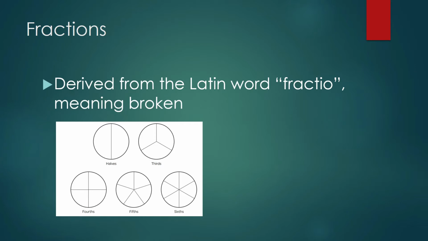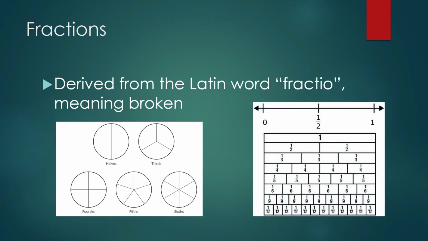Given one piece, one object, we can break it into three equal parts, and what you have there are the thirds. The word fraction is derived from the word fractio, meaning broken. And by the way, when your arm bone is broken, we say that your arm is fractured.